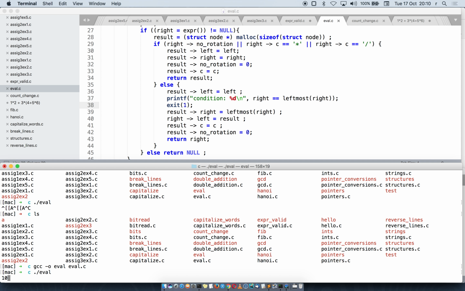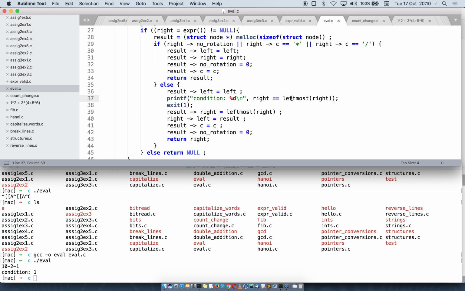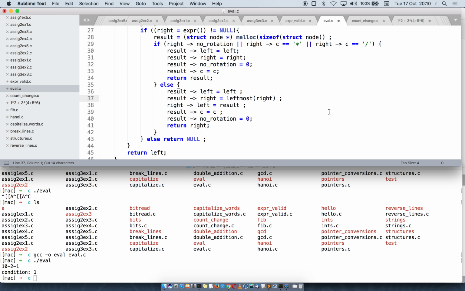So 10 minus 2 minus 1. So the condition is 1, which means that this is true. Right? Which is what we want. So this works.